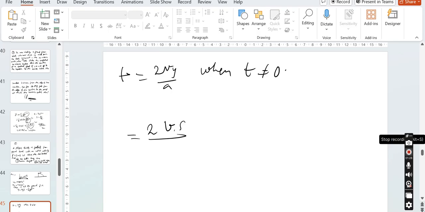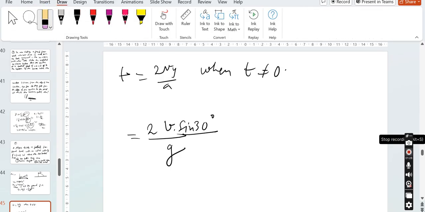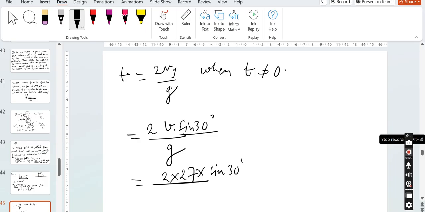So t is 2V sin 30 degree by g, which is 2 times 27 meters per second times sin 30 degree by 9.8 meters per second square. When you put in the value of sin 30 and calculate this on the calculator, it will be 2.8 seconds. So the first question is solved.